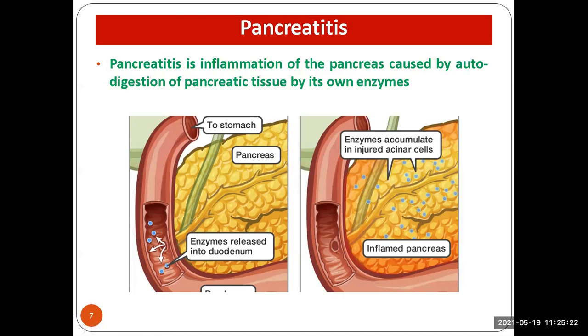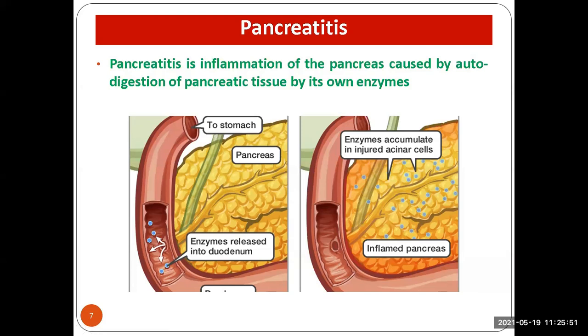However, in the case of pancreatitis, these pancreatic enzymes become activated in the pancreas, and ultimately they injure the acinar cells, which are the smallest secreting portions of the pancreatic gland, meant for the production of pancreatic juice.